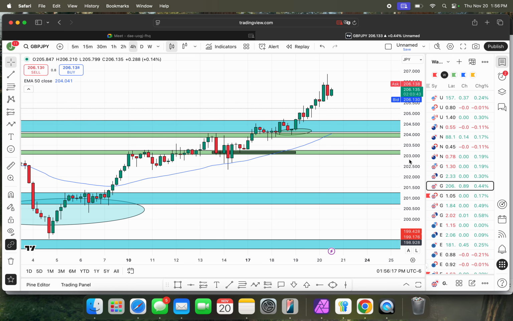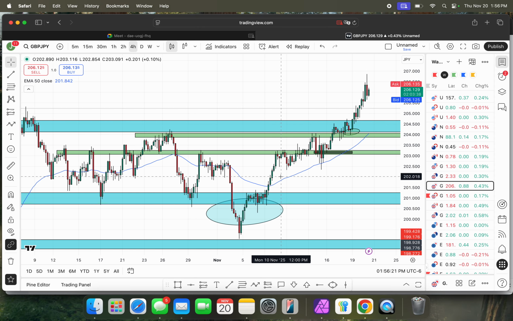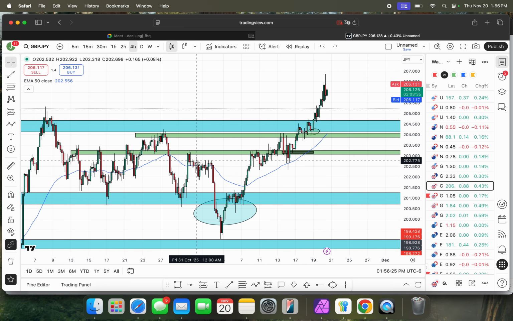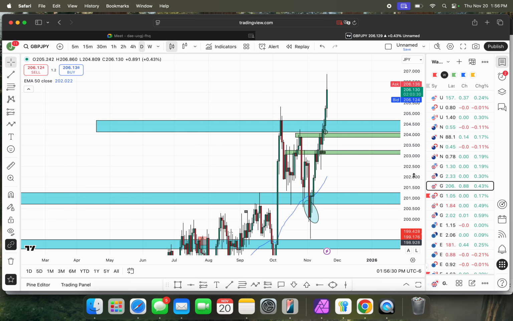You get what I'm saying? That's why it doesn't take much movement to gain a lot with GBP. Price moves a lot quicker with GBP USD.